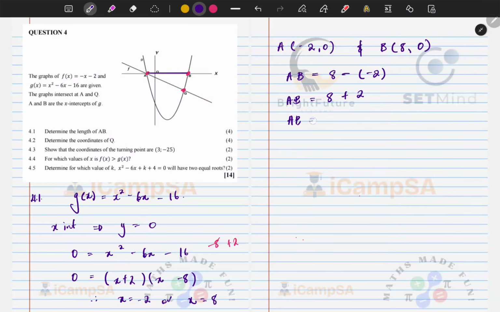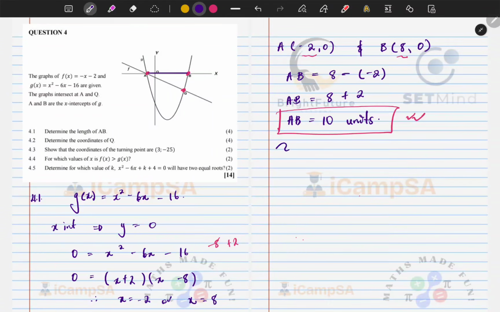So AB is going to be 10 units. Great. We are focusing on the x values, so if we subtract them, then we have the length of AB.